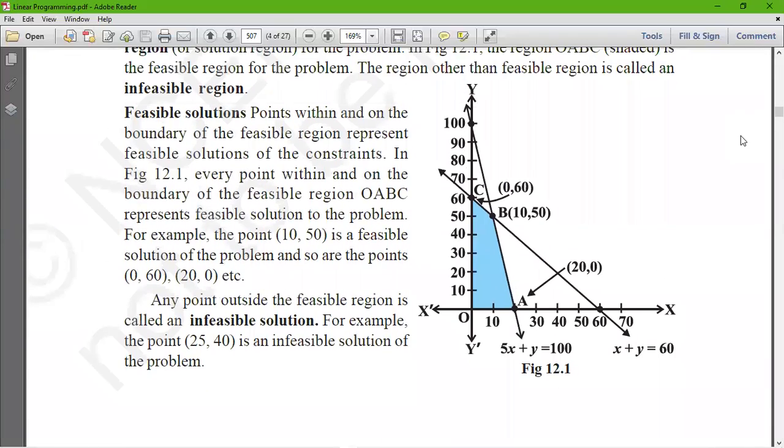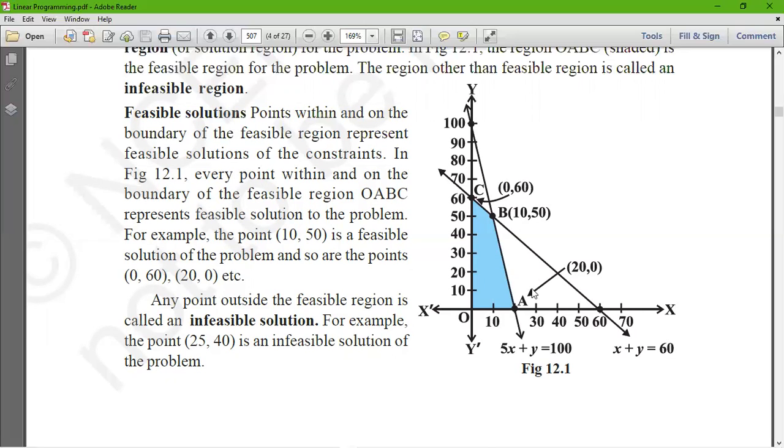First of all, we check the non-negativity restriction, that is x greater than or equal to 0. Any point in the region where x is greater than 0 lies on the positive side of the x-axis, 1, 2, 3, 4, this side. Similarly, y greater than 0 is the positive side of the y-axis. That means our region lies in the first quadrant only.